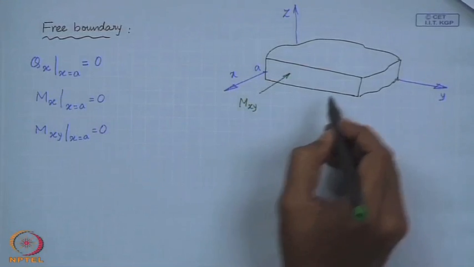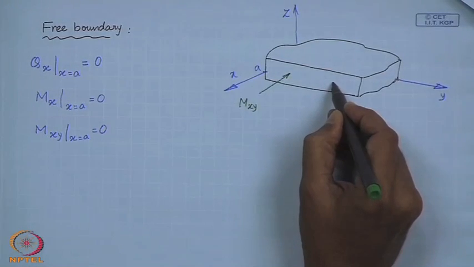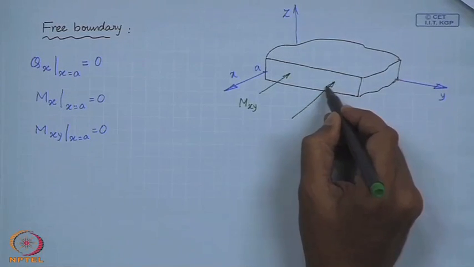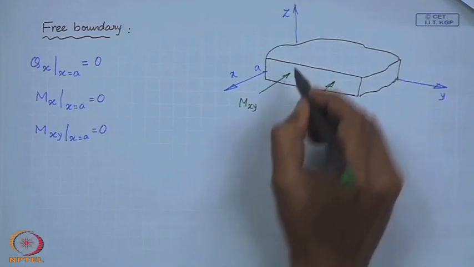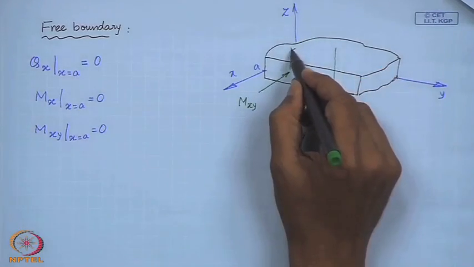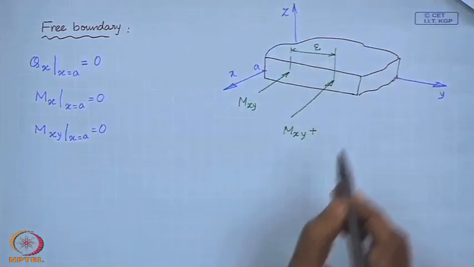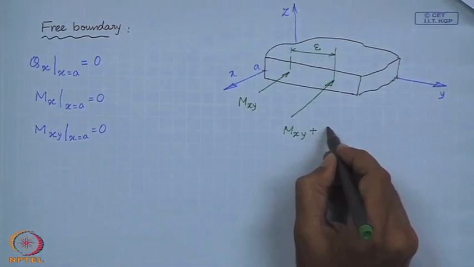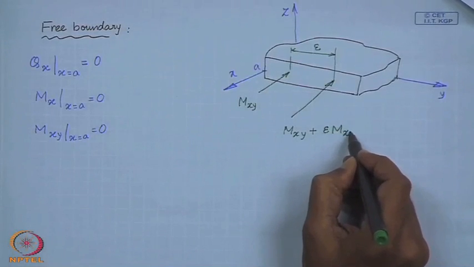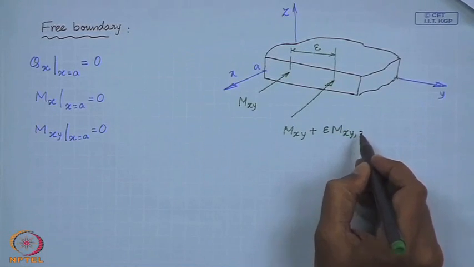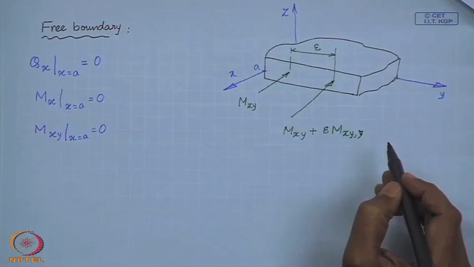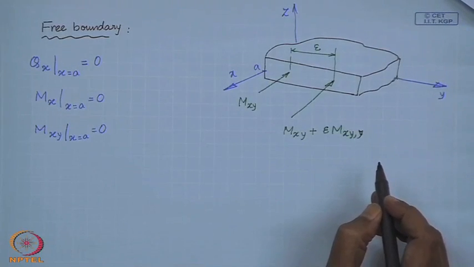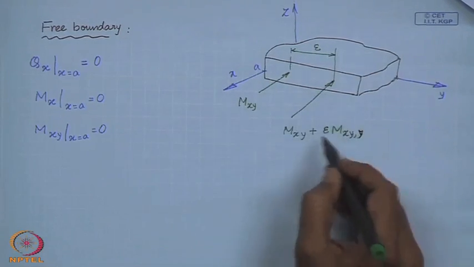So, at another location, this can be m. I am considering 2 locations separated by a small distance epsilon. So, we are moving in the y direction.